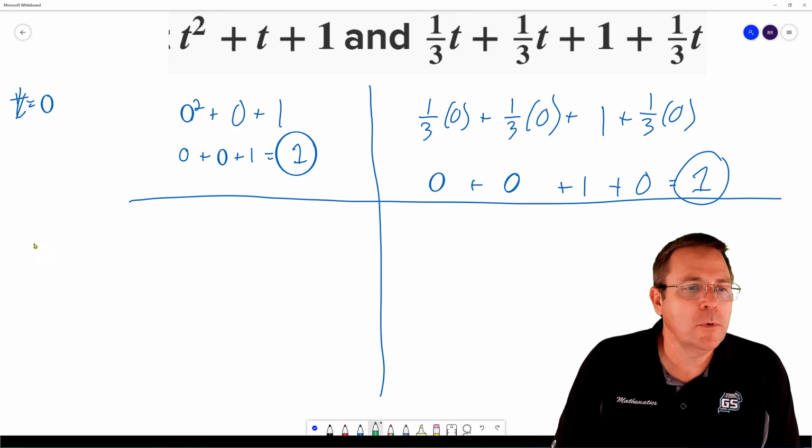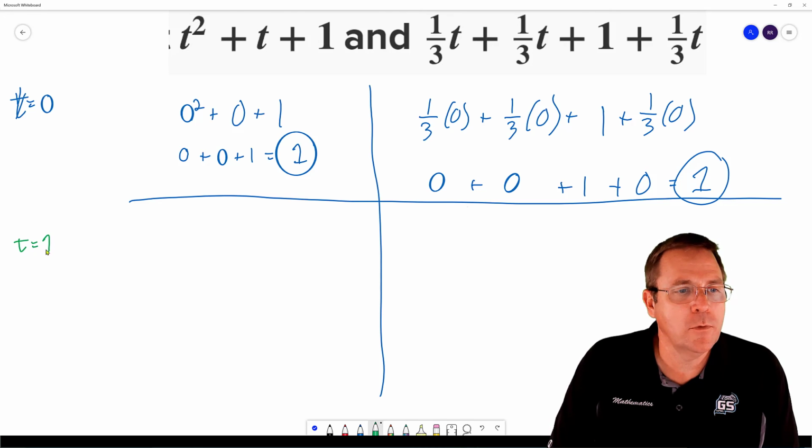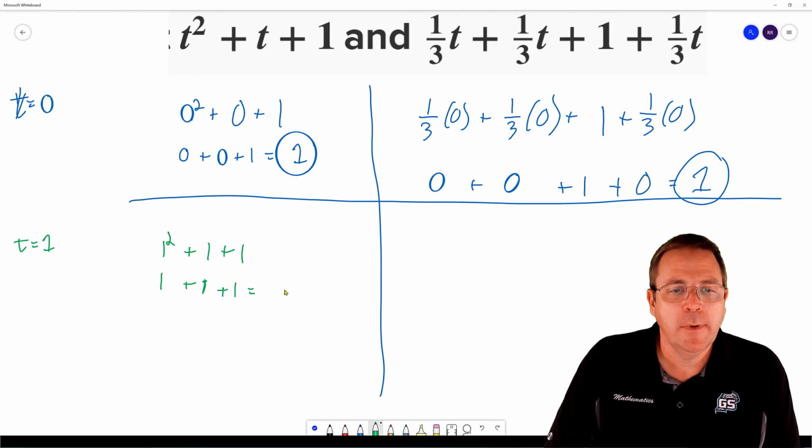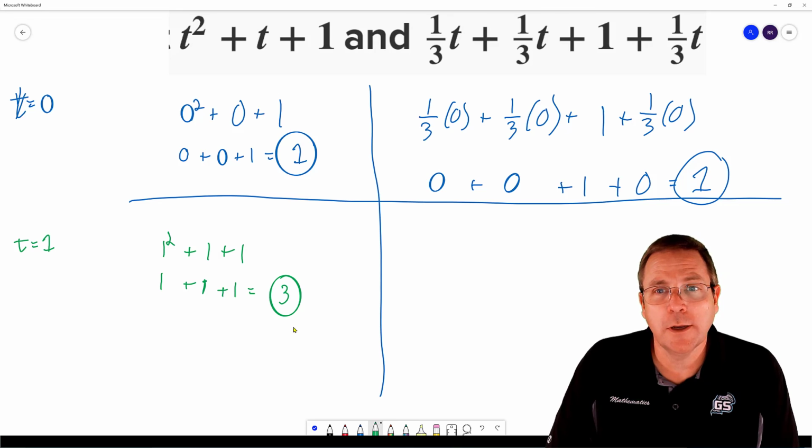Let's pick another number. This time we're going to let t equal 1. So now I'm going to have 1 squared plus 1 plus 1. 1 squared is of course equal to 1. Plus 1 is going to be 1. Plus 1 is going to be 1. And that means we get 3 for a solution here.